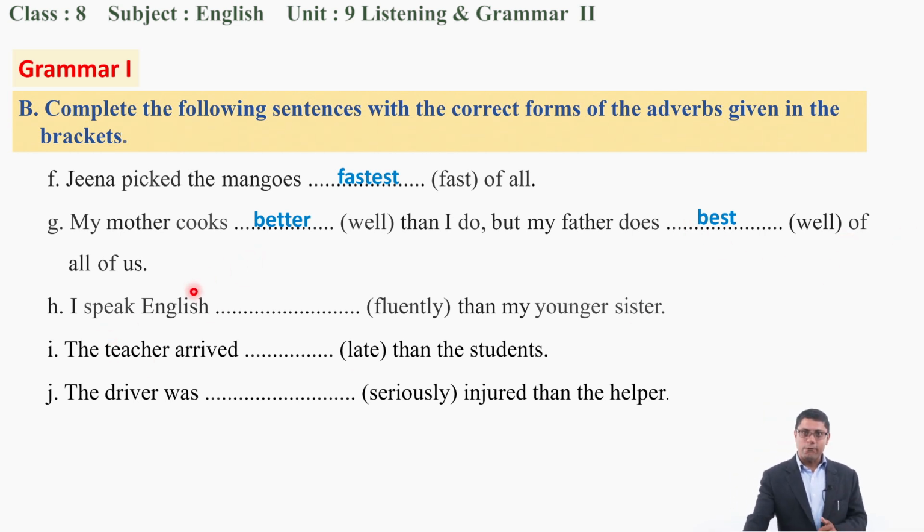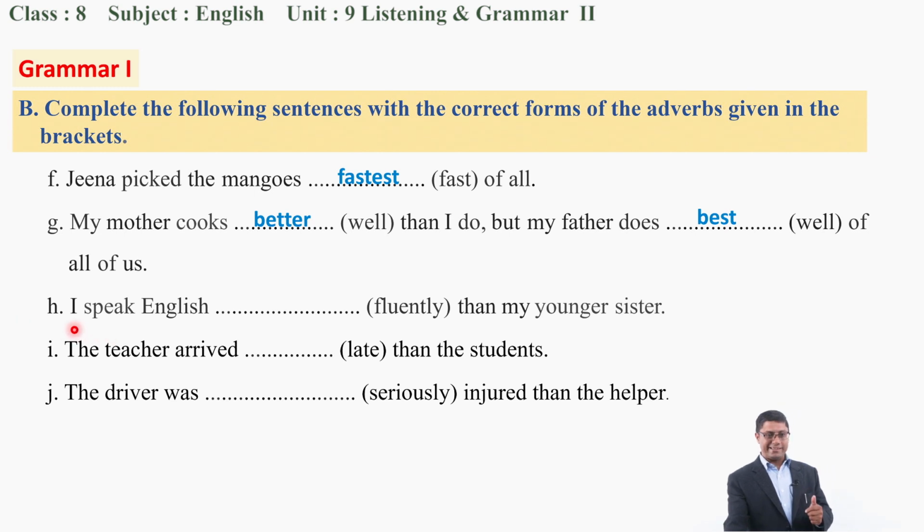Dear students, you are doing well. Now let's move on to H. I speak English fluently than my younger sister. So what's the adverb in the bracket? Okay, fluently. So which form of the adverb fluently are you going to use here?